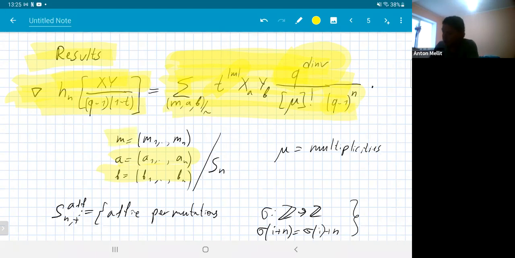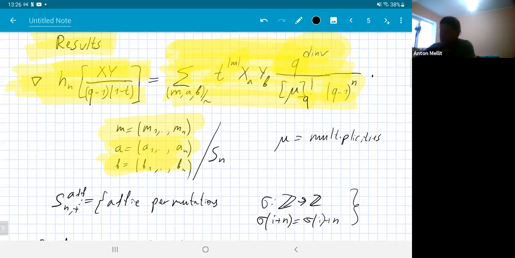You have these triples m, a, b, considered up to simultaneous permutation of the entries, and some of these triples of entries may repeat, and you get a partition mu, and you take the product of q-factorials of that partition. Yeah, that's the formula. A similar formula holds for powers of Nabla.